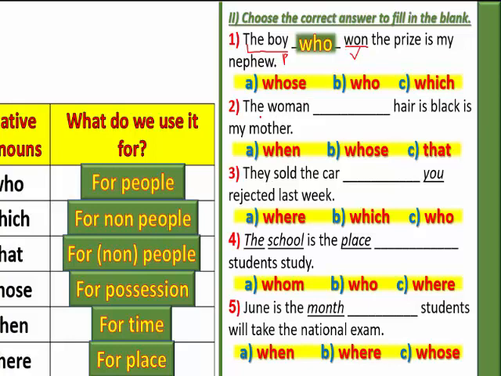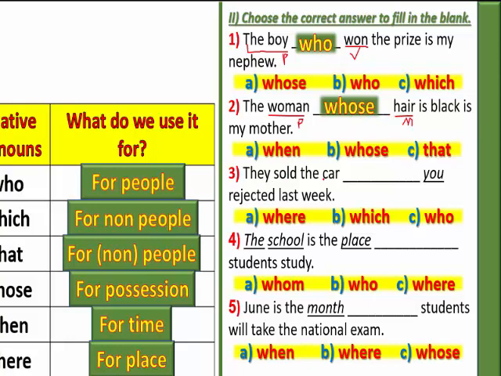Excellent. The man or the woman whose hair is black is my mother. So what do we have here? We have a noun. And here we have people, which is the woman. So we're going to use whose, because all the time after whose we should have a noun. Number 3.